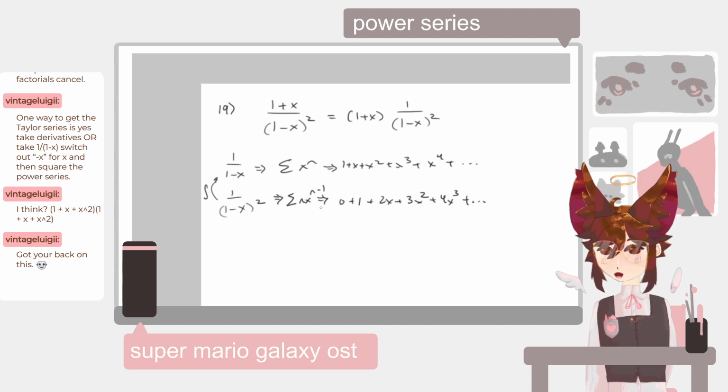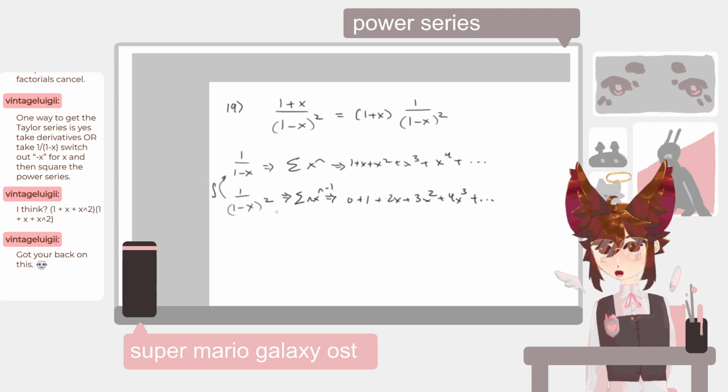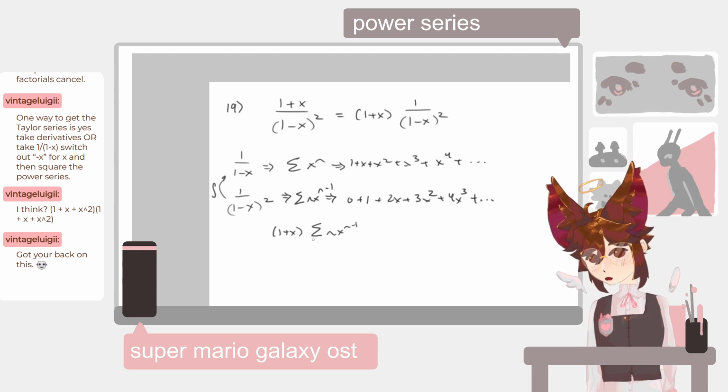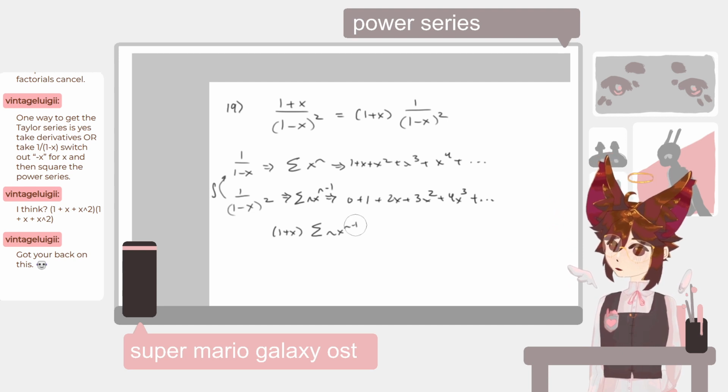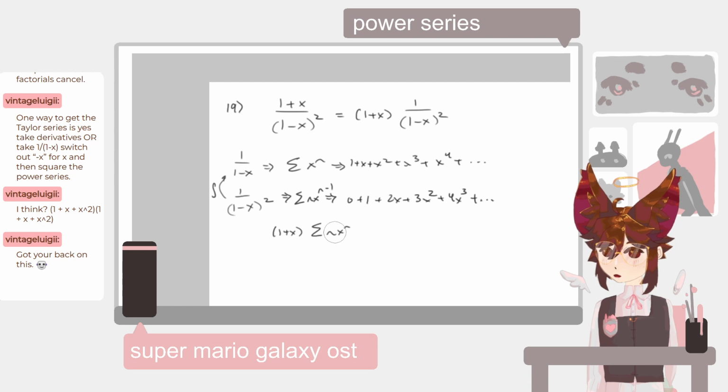Now we just multiply this by 1 plus x. Which, oh god, wait, this is annoying. I think it's n x to the n, right? Because the x goes in here. If this were just x, that would be n x to the n.